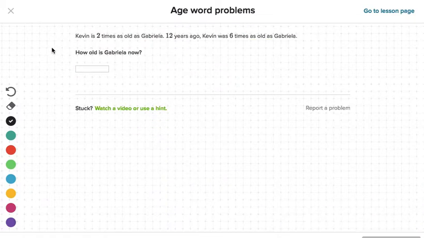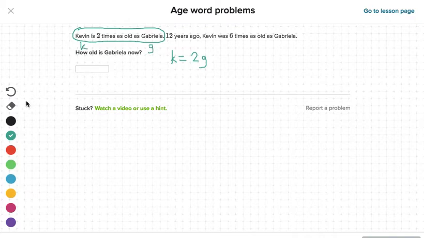Again, we're going to set these up as two separate equations. Here's our first equation. Kevin is 2 times as old as Gabriella. You see where this is going. So that's K equals 2G, if we're using K and G for Kevin and Gabriella. There's one equation, quite a simple equation.